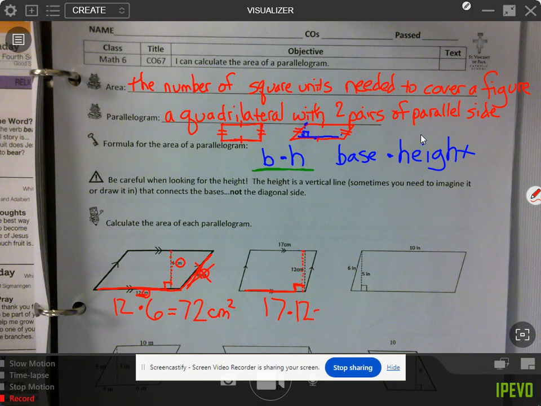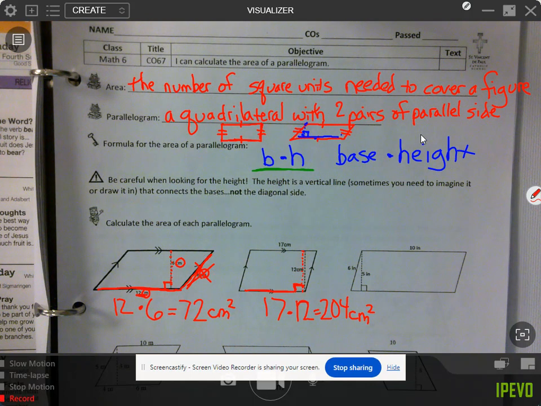So we have 12 centimeters times 17 centimeters. What is the area, Layla? 204 centimeters squared. Those are 12 centimeters times 17 centimeters. So it's centimeters squared.